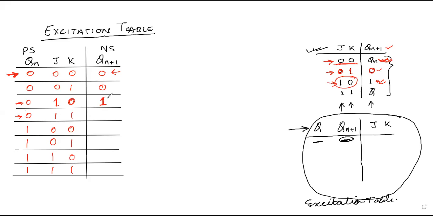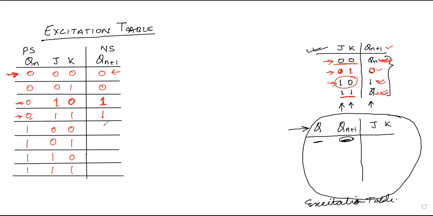So the next state will be equal to 1. Why? Because when JK is equal to 1 1, the next state is the complement of the present state. So 0 is the present state, the next state is the complement of 0, that is 1.